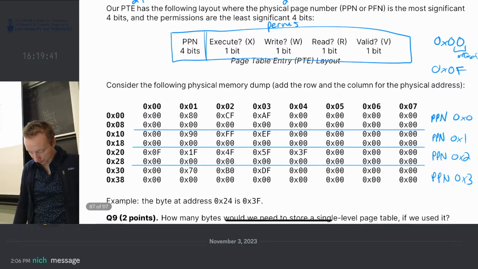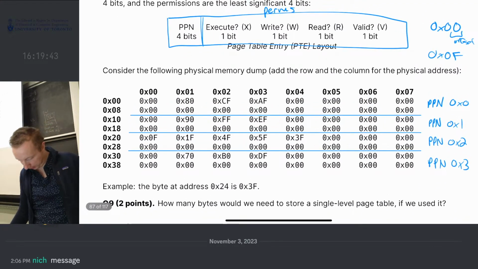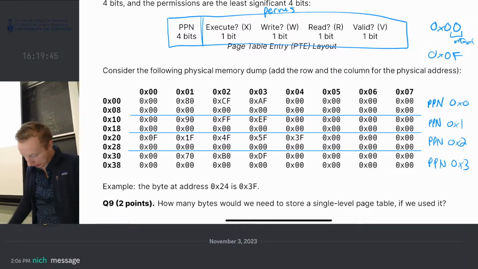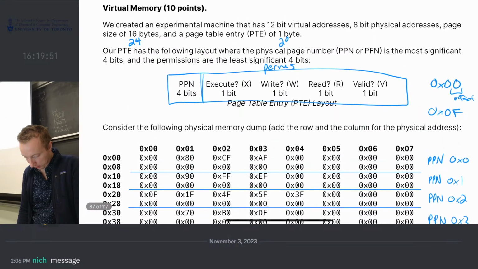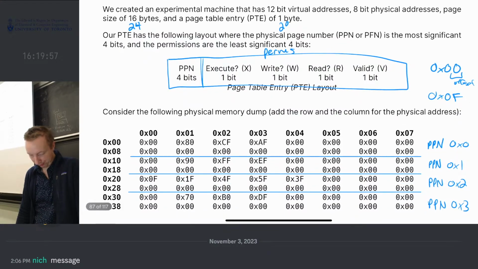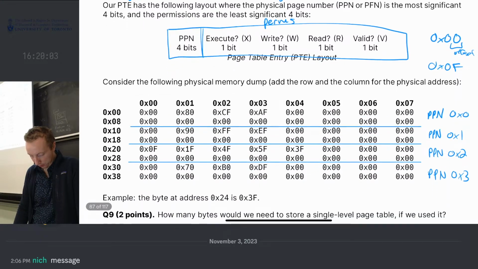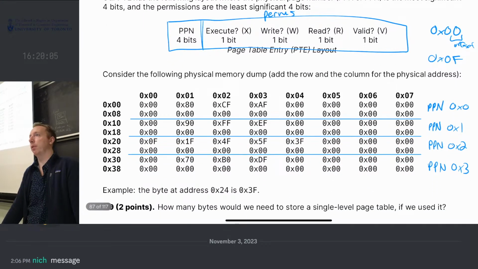All right. So first question is, how many bytes do we need to store a single page table if we used it? Here we have 12-bit virtual addresses, 8-bit physical, and a page size of 16 bytes. So if I have a single large page table, I need an entry for every single virtual page number, right?